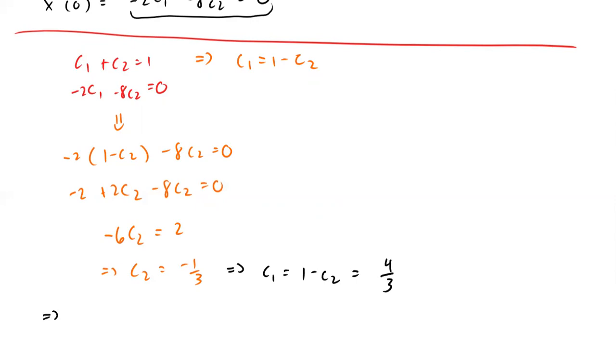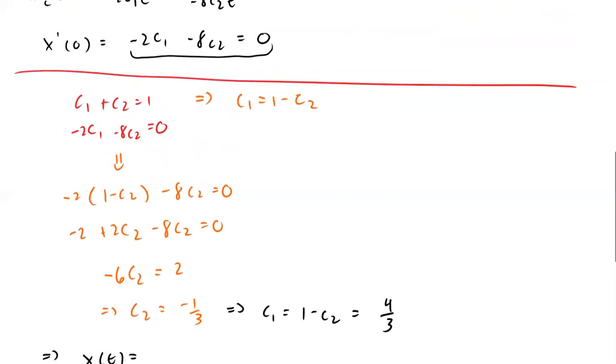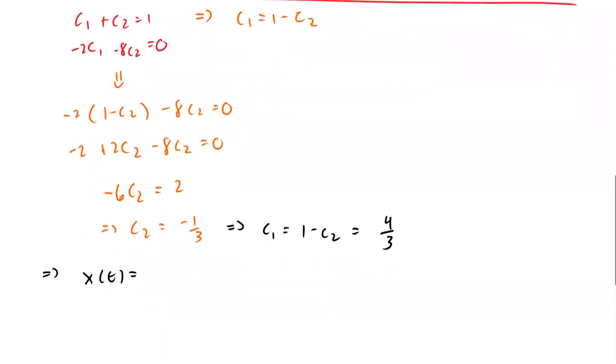And then our specific solution, the solution for this particular system given the initial conditions, is: C1 was 4/3, and C2 was -1/3, so minus 1/3. Again, you see there's no oscillations, and this is going to go to 0 very fast, because we have negatives in the exponent of the exponentials.